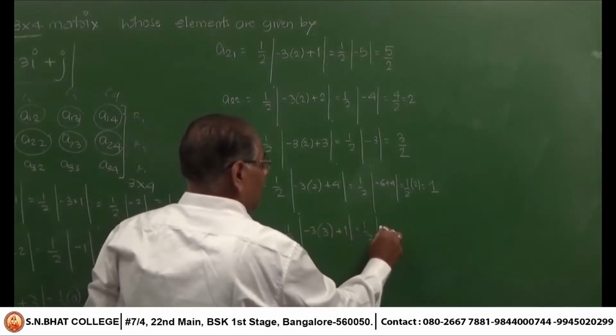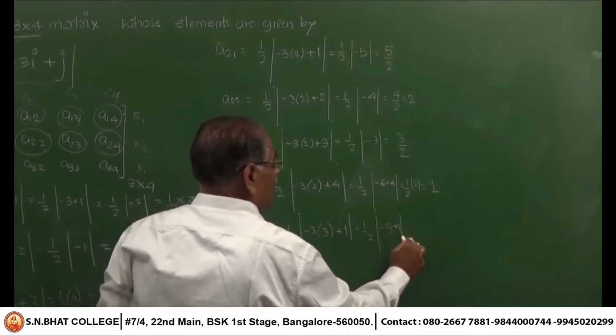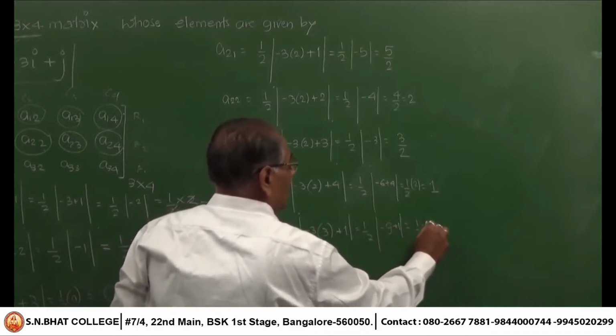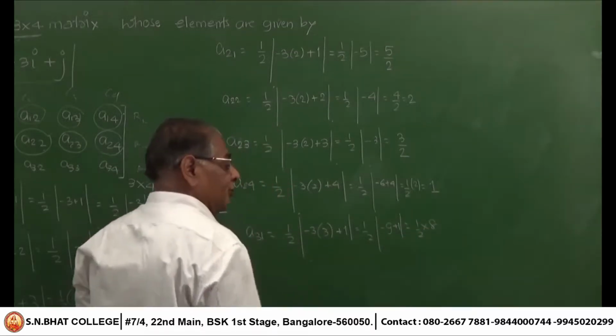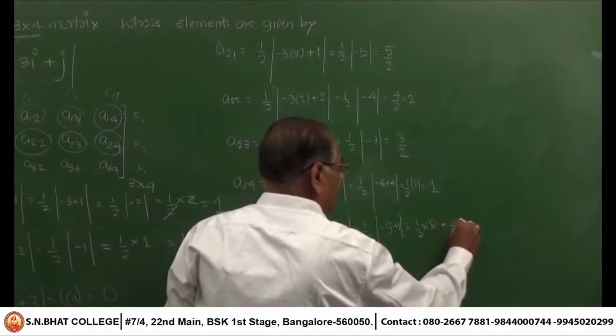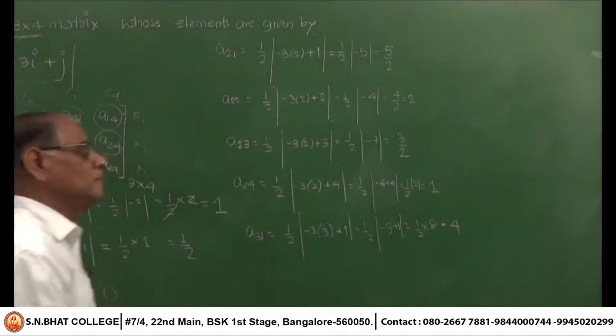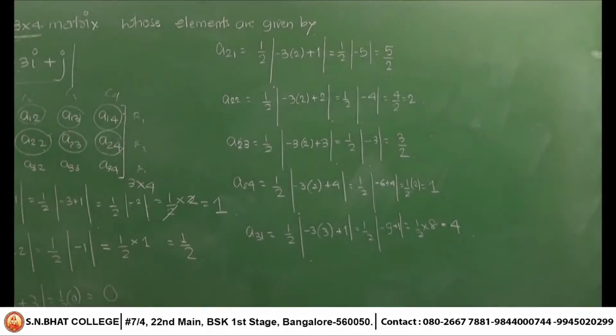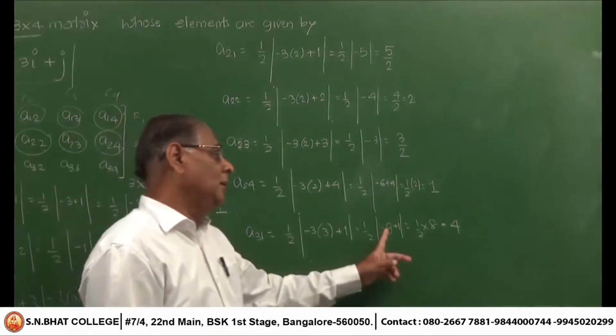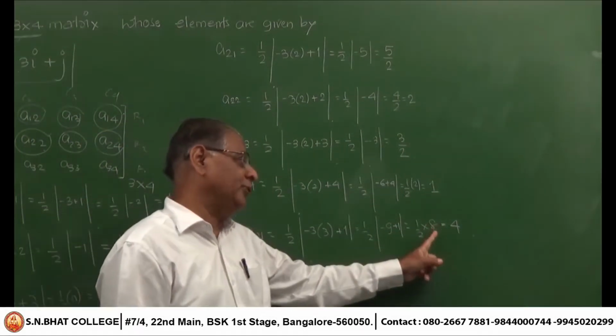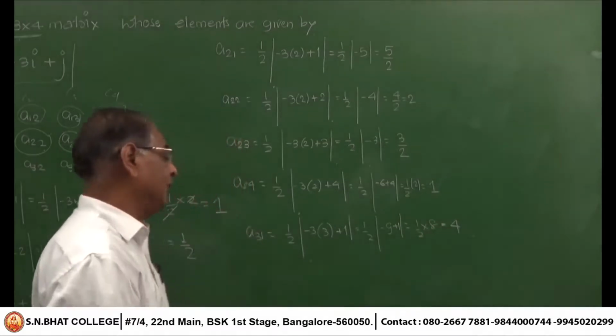This is half into minus 9 plus 1, which is half into minus 8. Modulus of minus 8 is plus 8. One by 2 into 8 is 4.